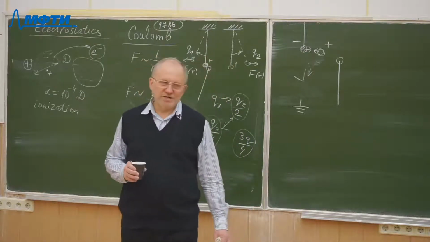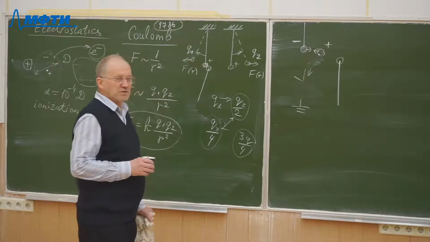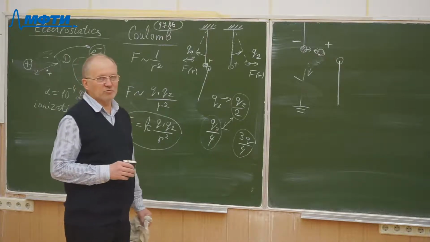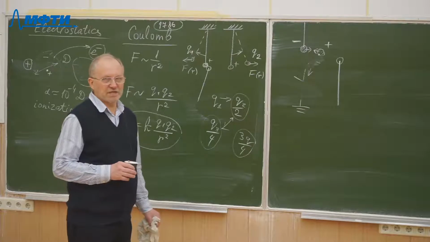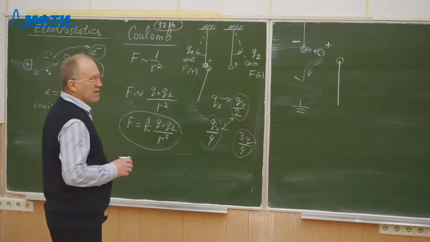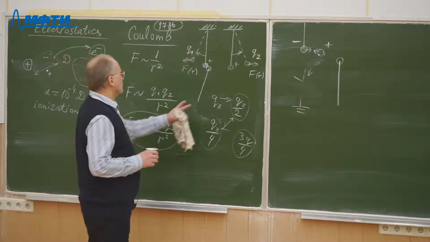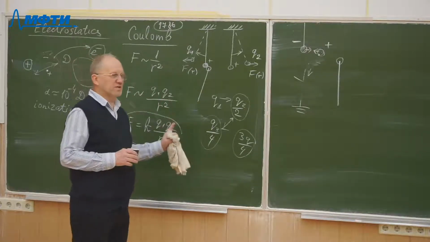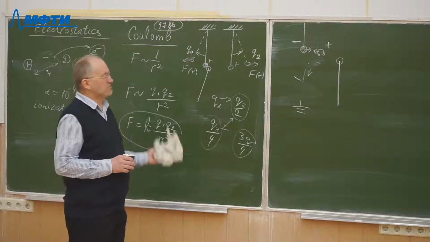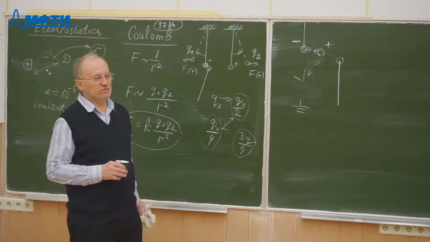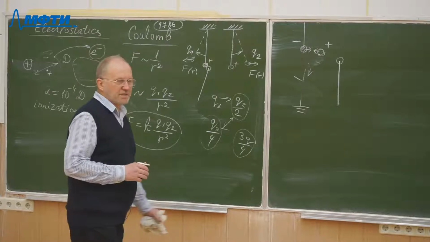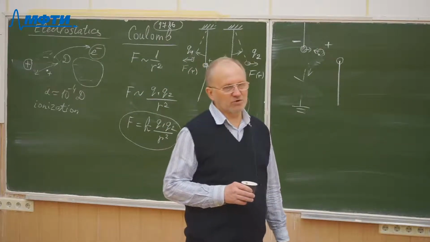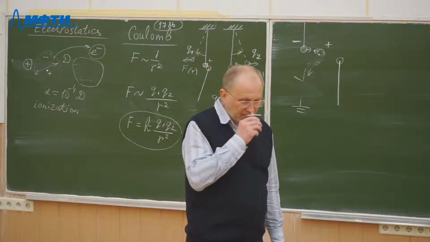So I advise you to read the first 2 chapters, which are devoted to electrostatics, in the second volume of the Landsberg textbook. There are a lot of interesting things. All the experiments are described in detail, and many more experiments are discussed there, which illustrate the electrostatics and laws of electrostatics. I strongly urge you to read the 2 first chapters of the second volume of Landsberg.